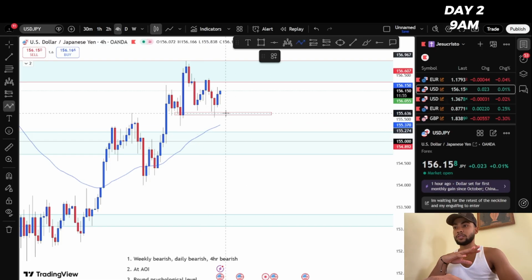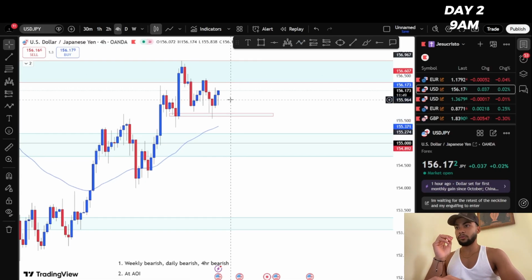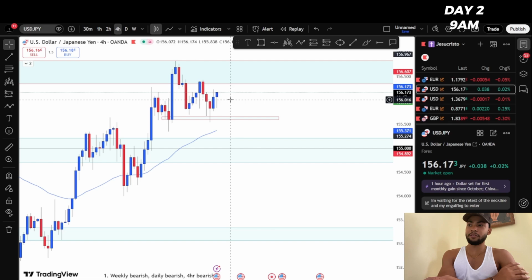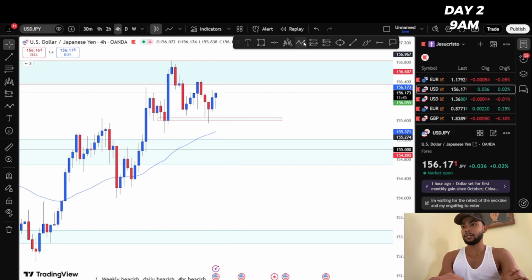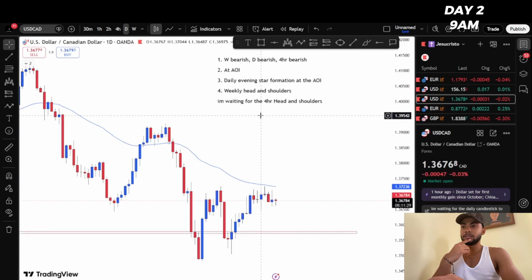I don't want to take a trade, for example, right here, because I'll then be selling into a support. I would like to take a trade right around here with a stop loss right here and with a minimum of a 1 to 2 risk to reward. That's all I need, basically.